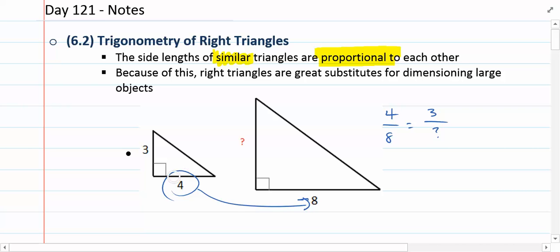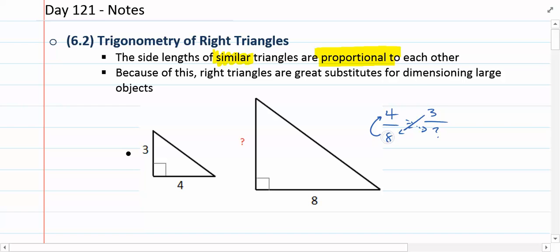So if I'm using 4 over 8, left triangle over the right triangle, I have to use the same direction when I use the other dimension, 3 over our question mark. When it comes to solving these proportions, hopefully you remember that you can cross multiply and then divide by the third value in the group, and that will identify your unknown.